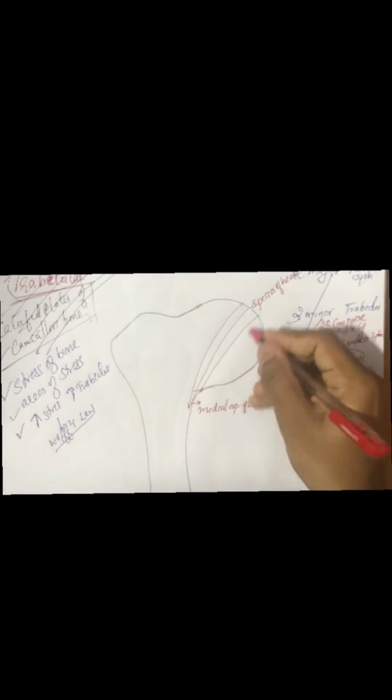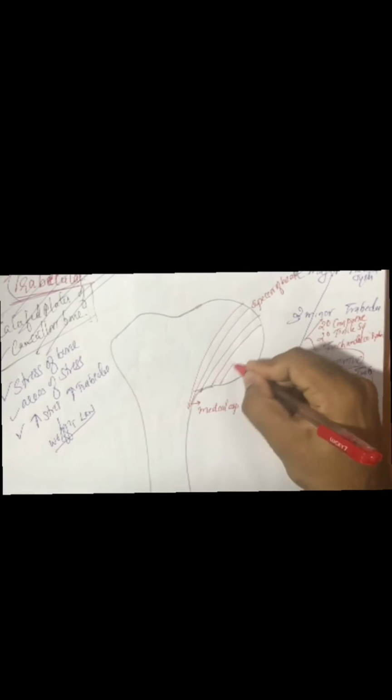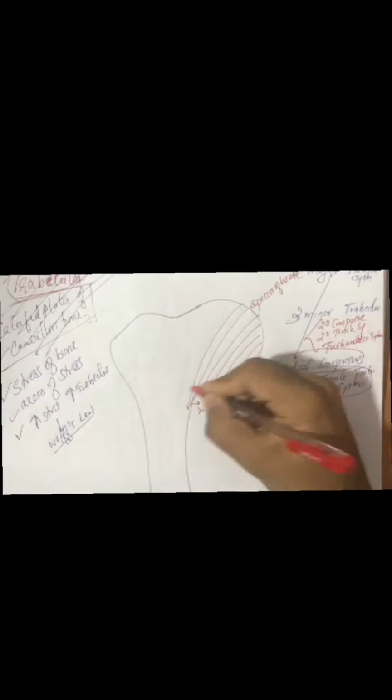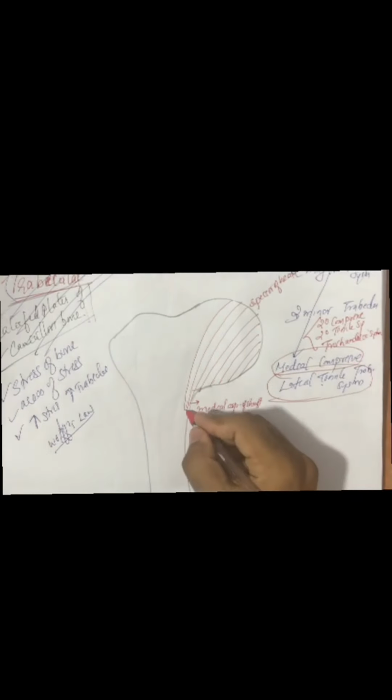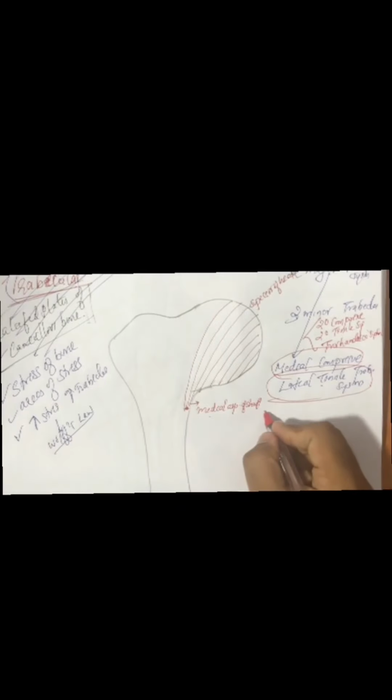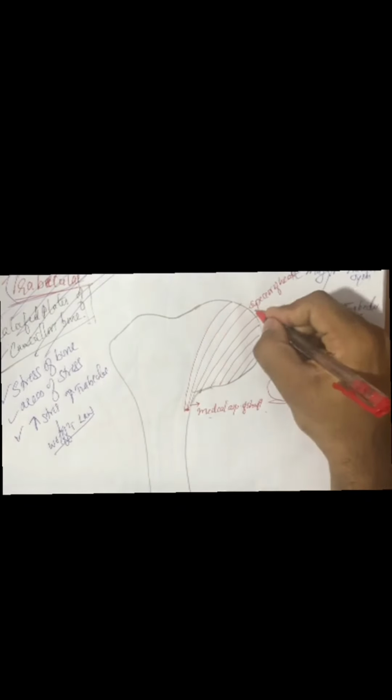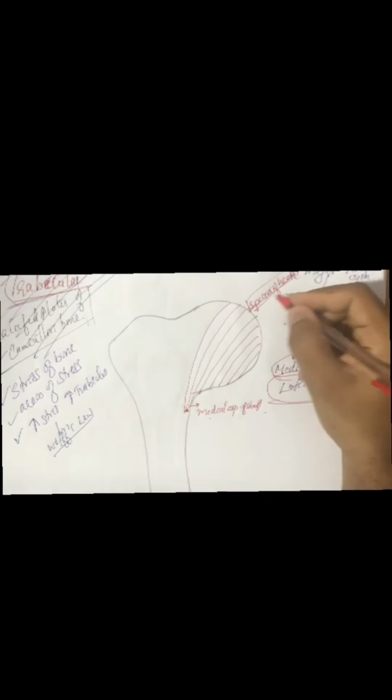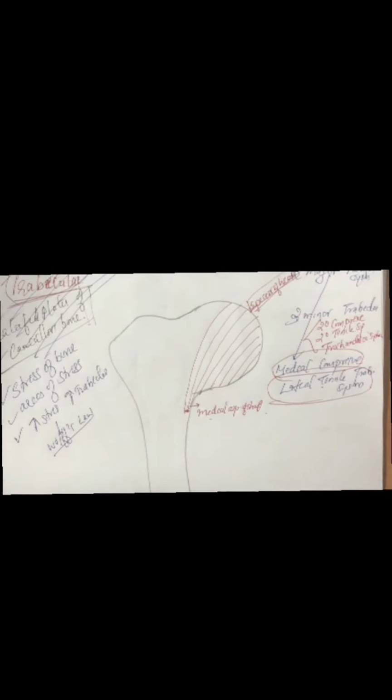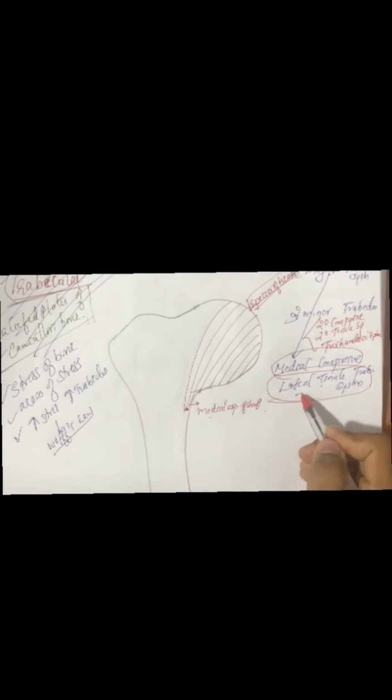So this is how I told you, calcified plates of bone. This is how they are oriented. The medial trabecular system arises from the medial aspect of the shaft and moves into the superior part of the head of the femur. Whereas the second major one is lateral.